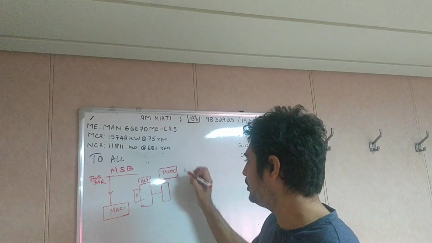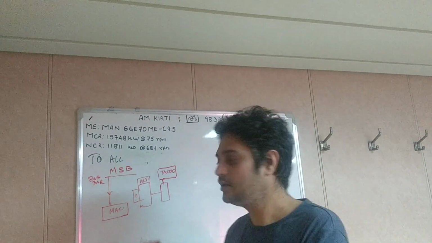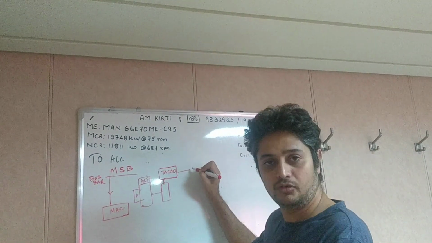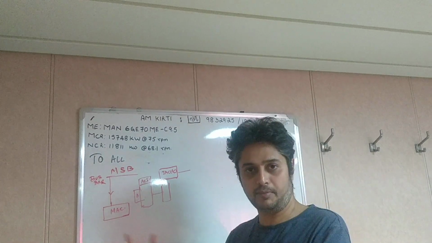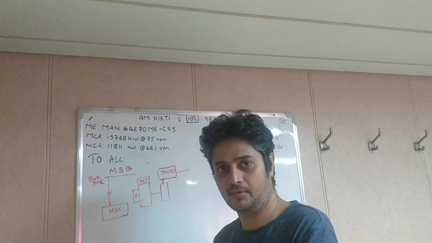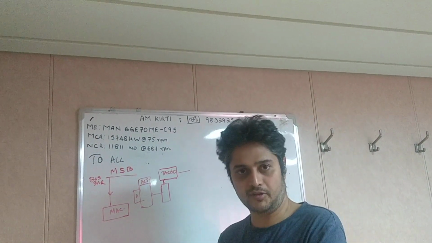In the flywheel there is a tacho pickup. You have a tacho sensor pickup. This will give its feed to the module. I am telling about present day generators. Before, it was a little different, but the basic working was the same.